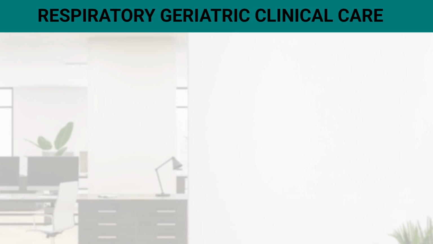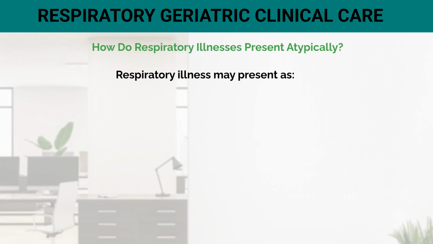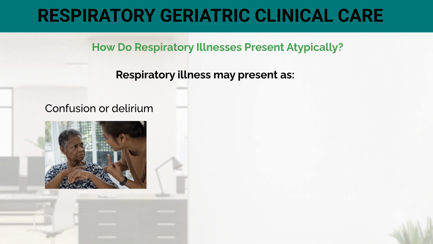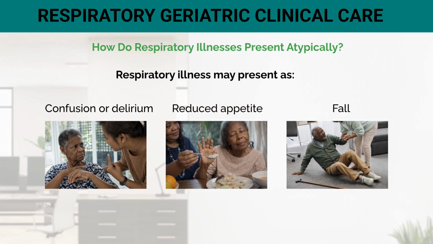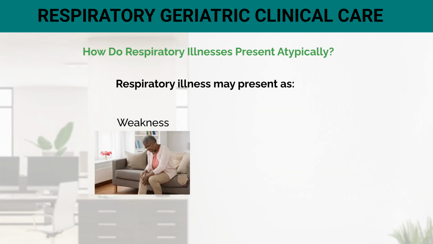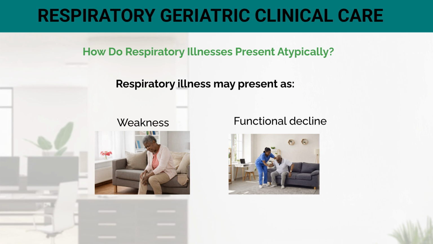Now, we will continue to explore how respiratory illnesses present atypically. Older adults often do not present with classic respiratory symptoms. Respiratory illness may present as confusion or delirium, reduced appetite, falls or near falls, generalized weakness, and sudden functional decline.